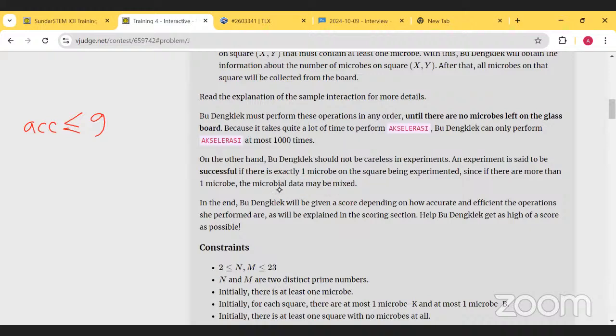So if we want to achieve the full score, we have to always experiment on one microbe. Never experiment on two microbes at once.